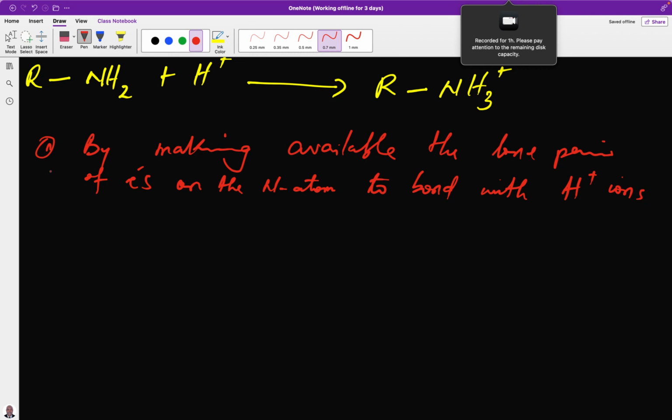Or alternatively, you can say the way you can increase the basicity is by increasing the number of alkyl groups or electron donating groups on the nitrogen atom. That's all.